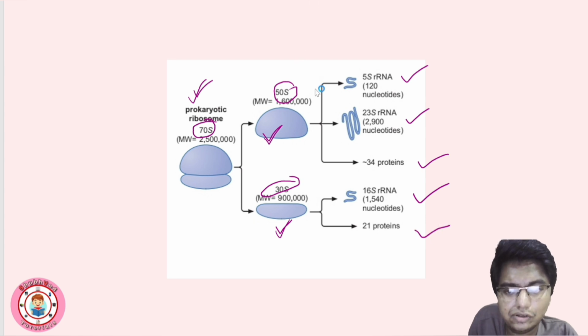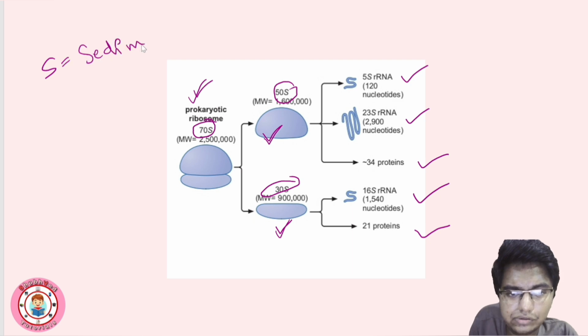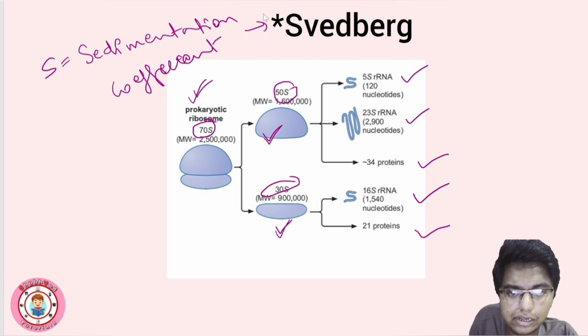So this S stands for sedimentation coefficient. Okay, it depends on sedimentation. Sedimentation coefficient in Svedberg unit. I will write here S is equal to sedimentation coefficient. Its unit is Svedberg.